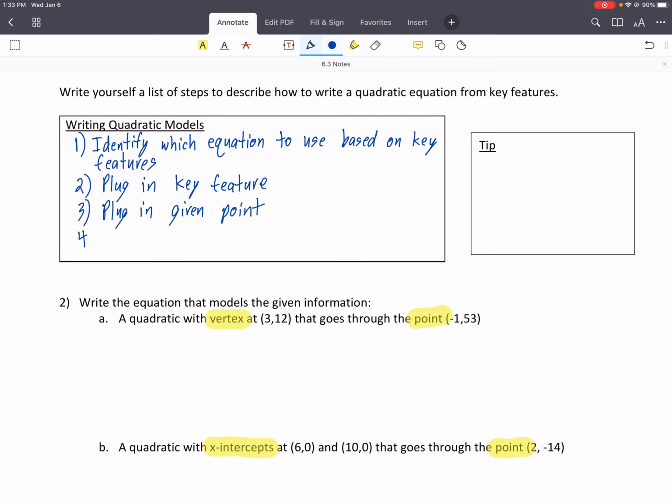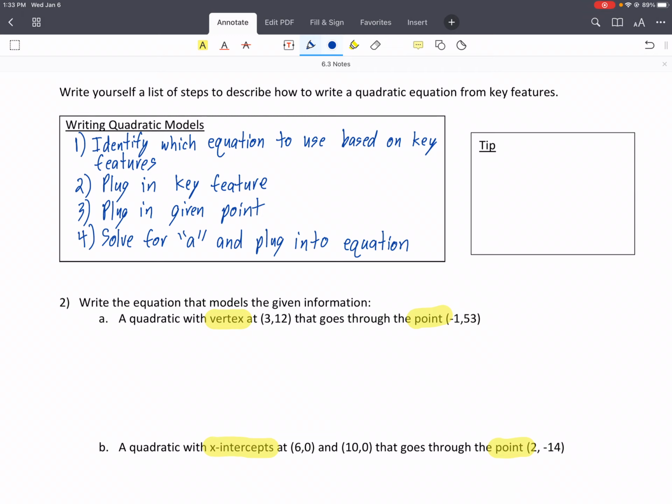And lastly, number 4, we got to solve for A and then plug that into our equation. Okay, so first we identify which equation based off the key features, based off of what it gives us.